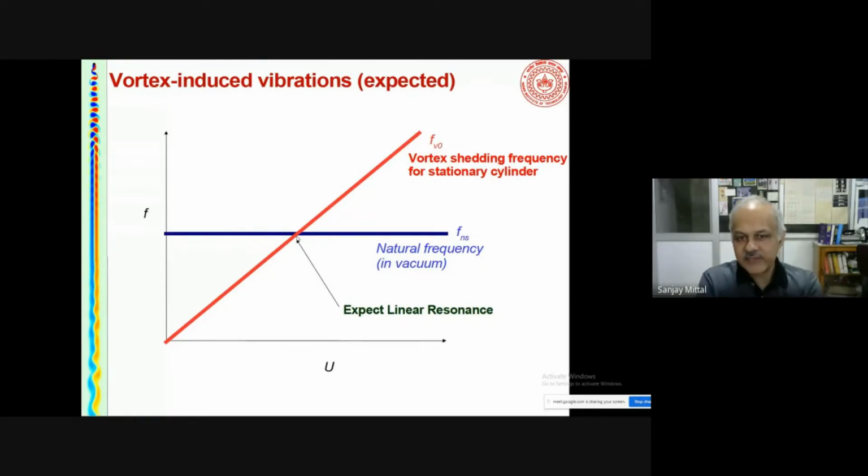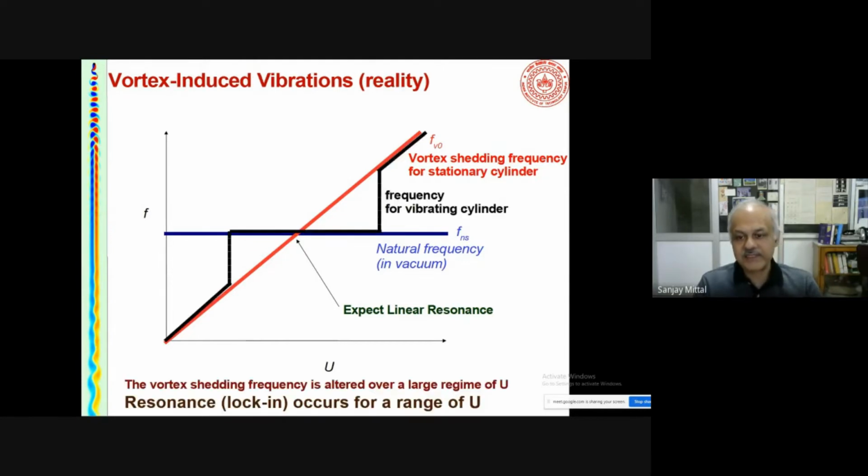So classically, if we were to think of this linear spring mass system coupled with a fluid system, then we would expect large amplitude oscillations at a certain frequency, and then at smaller and larger velocities, we would expect very small vibration amplitude. Unfortunately, that's not what happens. What happens in reality is what is shown in this picture.